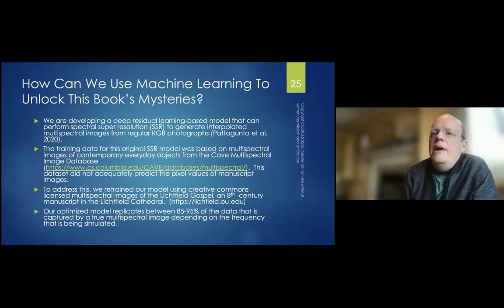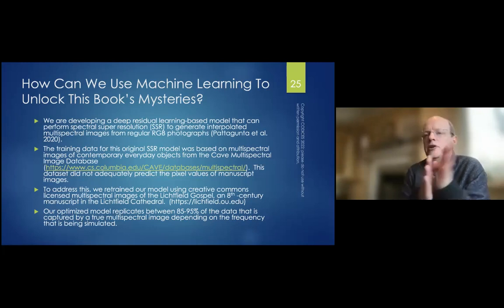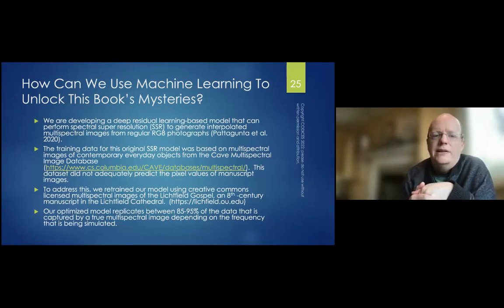But then they made all of their data available open source under a Creative Commons license. So we were able to go to lichfield.ou.edu, download all of their multispectral imagery from their pages, and retrain our model using multispectral images from a book. When we trained off of a book, the model was able to generate 85 to 95% of the data that was in the true multispectral image.